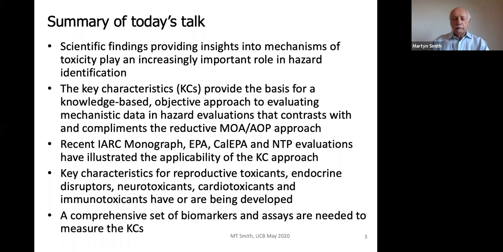Recent IARC monograph, EPA, CAL-EPA and NTP evaluations have illustrated the applicability of this approach, and key characteristics of reproductive toxicants, endocrine disruptors, neurotoxicants, cardiotoxicants and immunotoxicants have been or are being developed. What's really needed now is a comprehensive set of biomarkers and assays to measure these key characteristics.